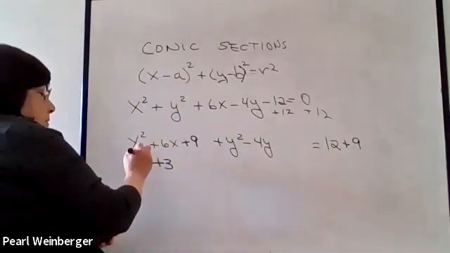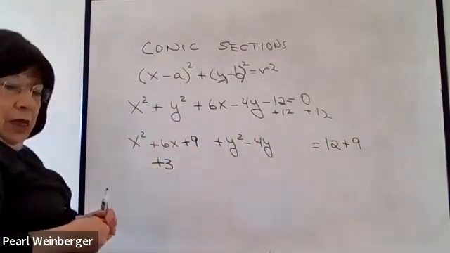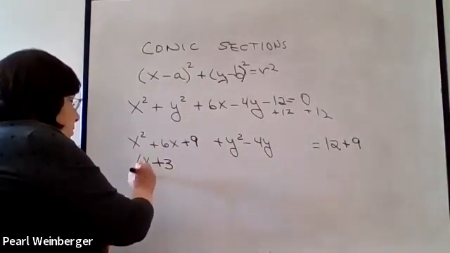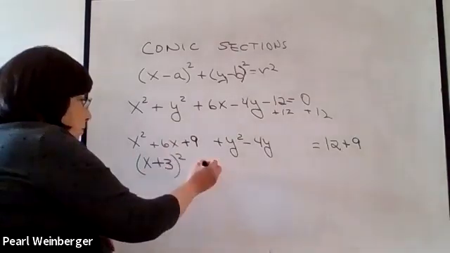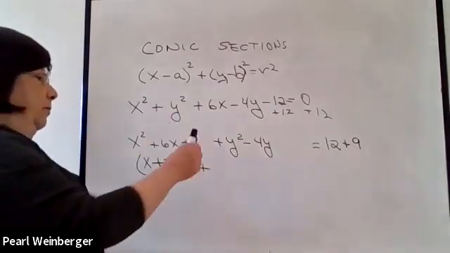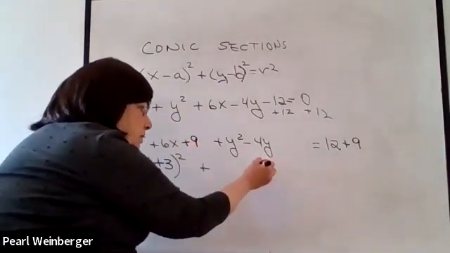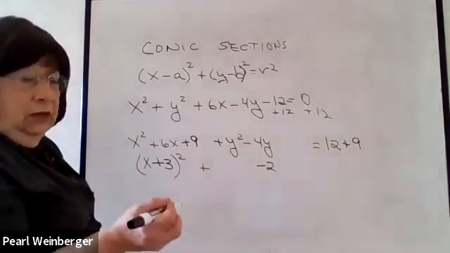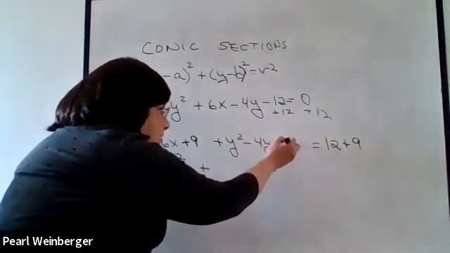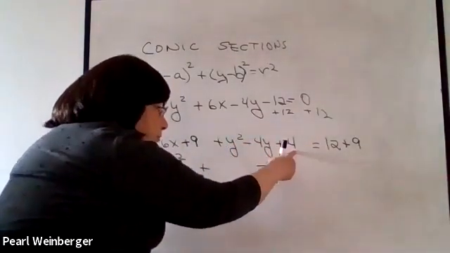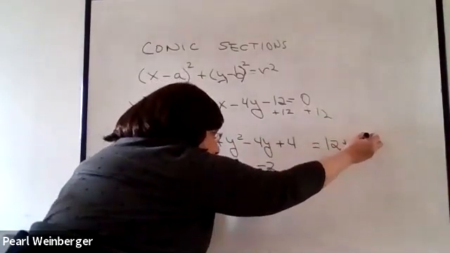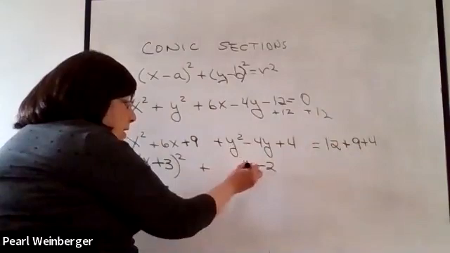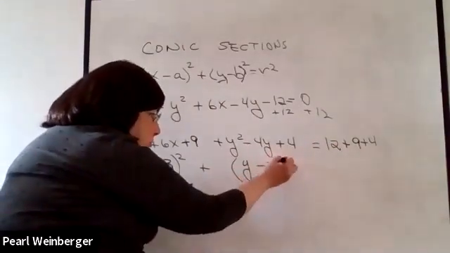And that gives me that this is x plus 3 squared. Now I take half of this number, which is negative 2, and I square it. Negative 2 times negative 2 is positive 4. I add 4 over here, which means I have to add 4 over here. And this becomes y minus 2 squared.